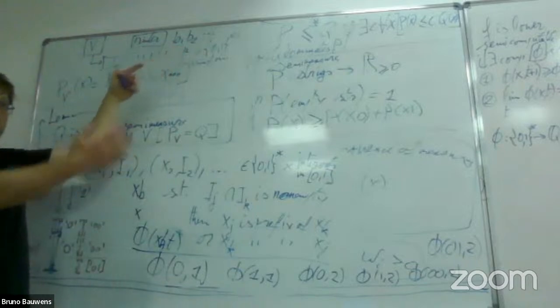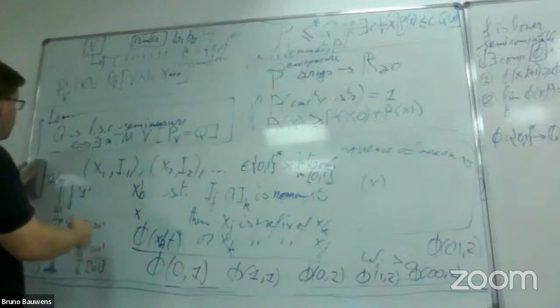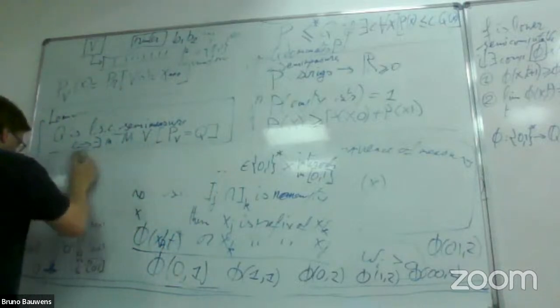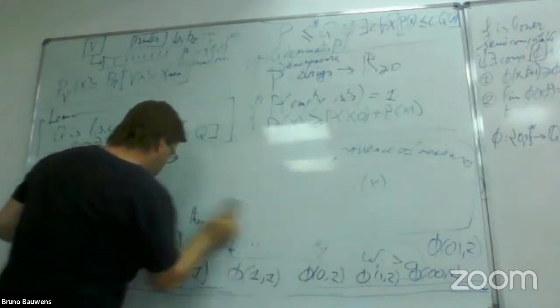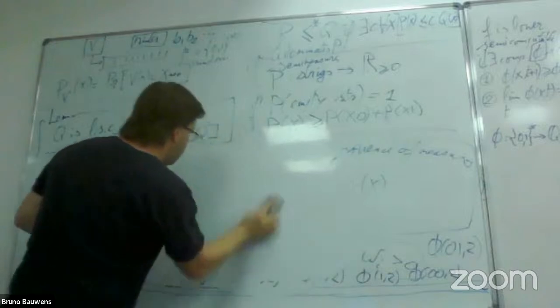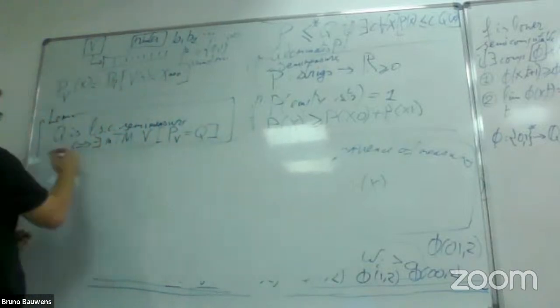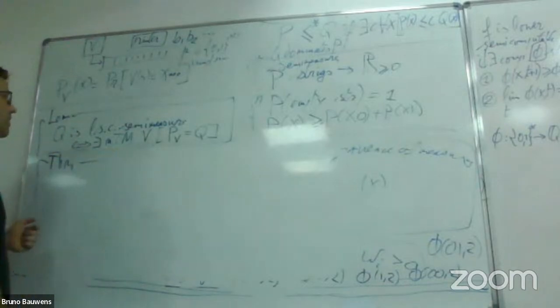So maybe I should rewrite this other result, the universal machine for monotone. So we have a theorem. I don't know, maybe I should call it lemma as well.